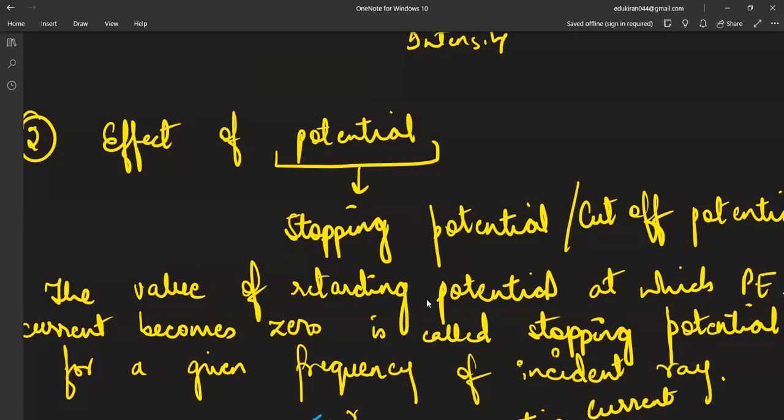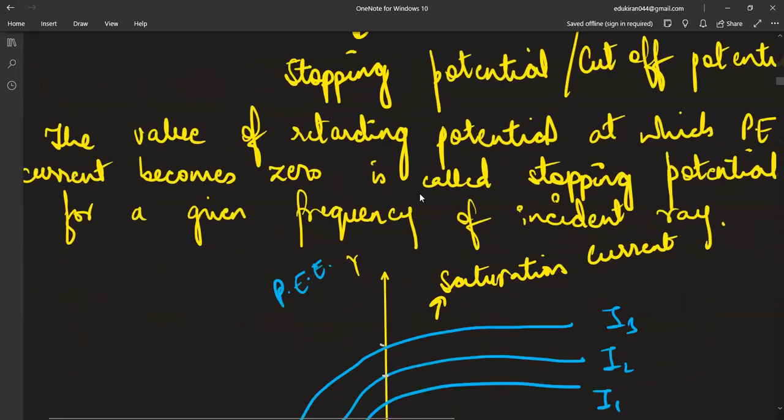The value of the retarding potential is known as the stopping potential or cutoff potential, which is like the minimum voltage required to stop the electrons from being ejected. The value of the retarding potential at which photoelectric current becomes zero is the stopping potential for a given frequency of incident ray.